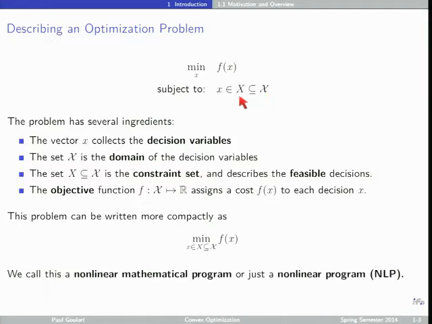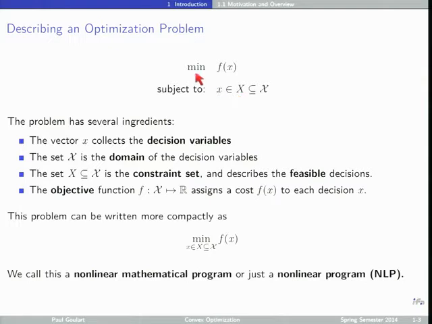If I have a vector in Rn that I want to pick, but I want it to consist only of non-negative values, then uppercase X would be the set of all non-negative numbers. So there's a distinction between the space that I live in and the region of that space that I'm allowed to optimize over. But in any case, I take all of my decisions. I might have more than one.